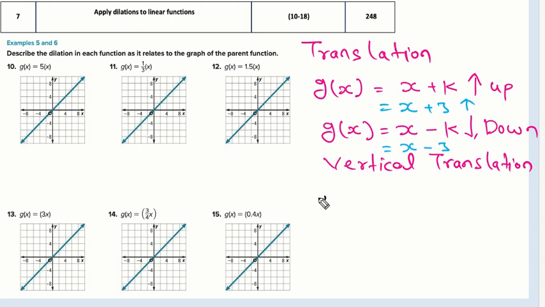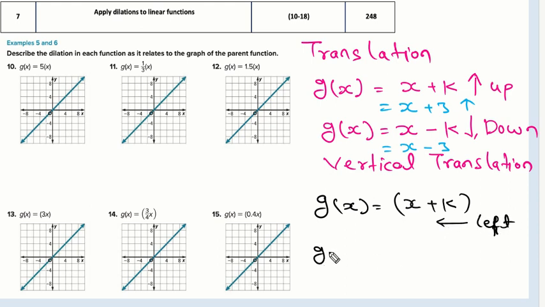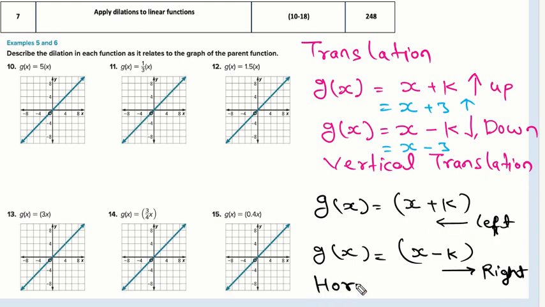Next, if you have g of x is equal to parenthesis x plus k, then you will move to the left, and if you have g of x is equal to parenthesis x minus k, then you will move to the right. Now we are moving horizontally, so that's why we call it horizontal translation.